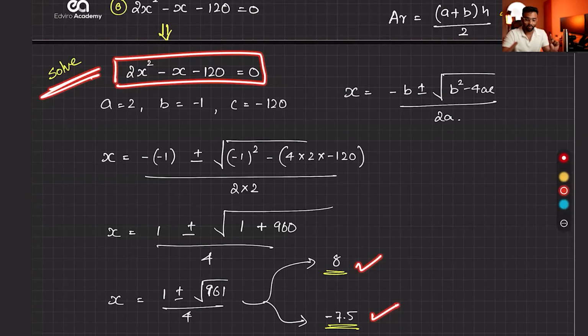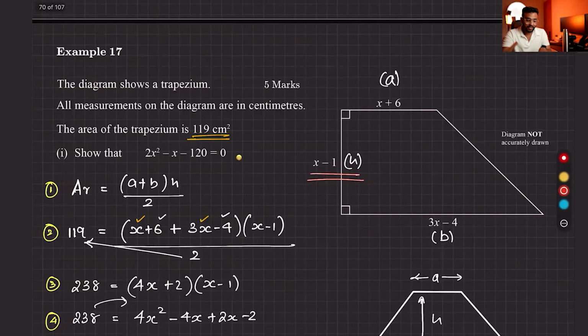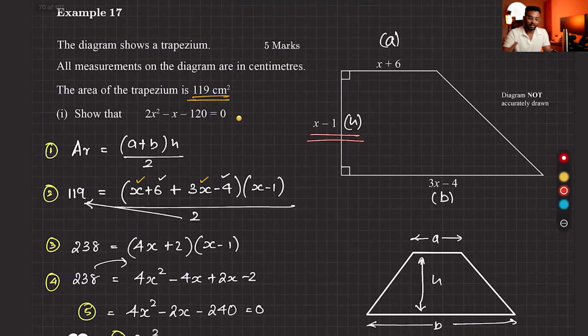When it says to solve, you will have two answers because when you're solving a quadratic equation, you will have two answers. But if the question is not asking you to solve, maybe they can ask you, what is the height? Or find the length of side A, whatever it is.